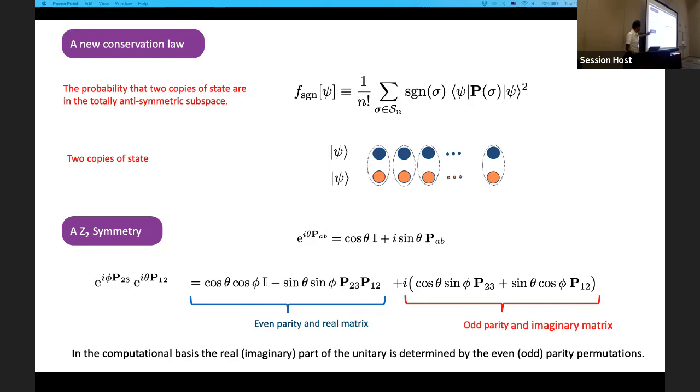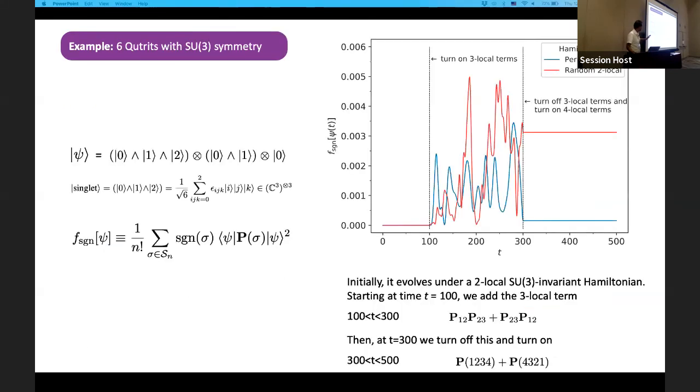So proving that this quantity remains conserved is not hard, but I didn't believe it until we really did the simulation. So we looked at the system with 6 qubits under this initial state, and first we let the system evolve under 2-local Hamiltonians that can be written as a sum of 2-local terms with SU(3) invariant terms. This quantity happens to be initially 0 for this state and remains 0 under those terms because it's conserved.